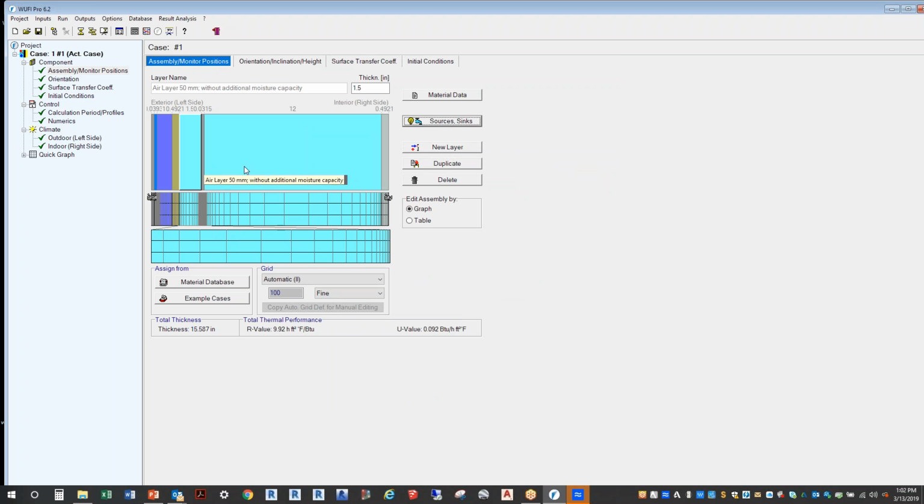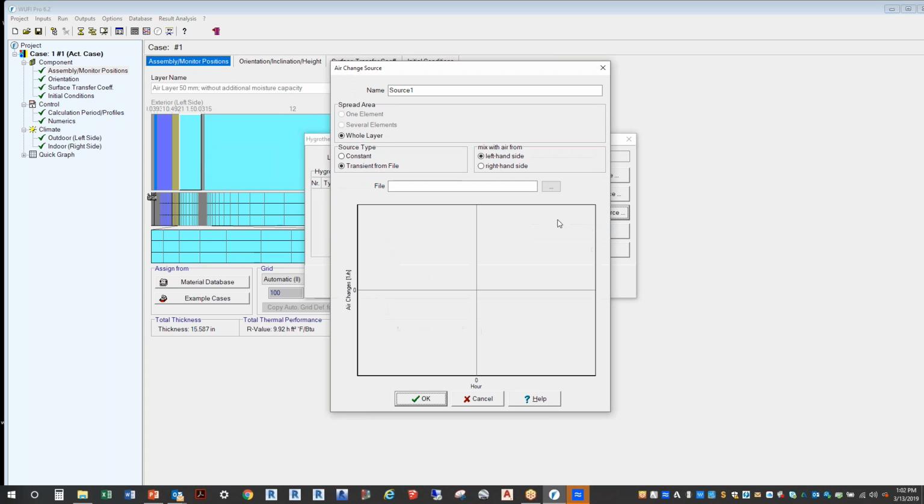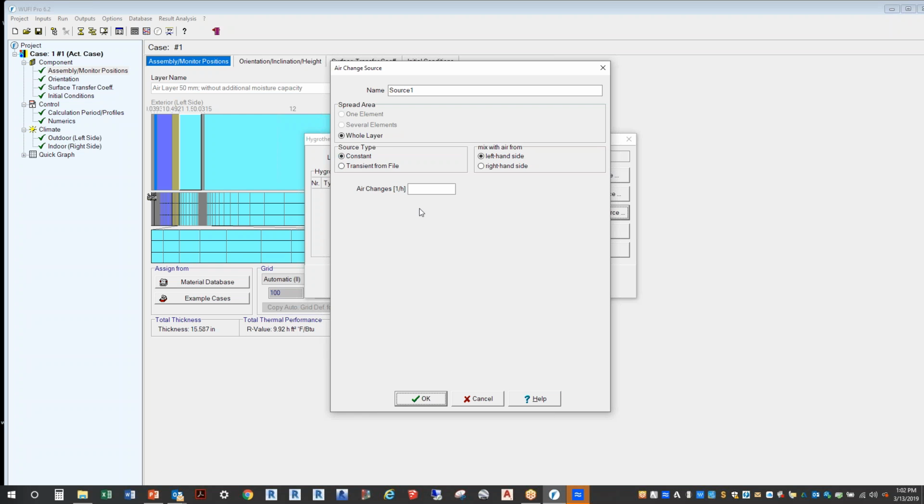If it's a ventilated space, let me abort this. If I come over here and choose this air layer, if that's a ventilated space, then you can add a sink and use an air change to show that you have air moving through it. And through the whole layer, we would do a constant of, probably, the air is moving through that space at maybe 2 or 3 feet per second.